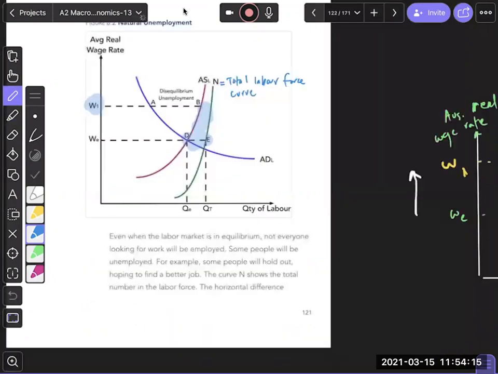So this gap is called the natural level of unemployment, which answers the question: will this unemployment ever be zero? And our answer is no. It will always be there because some people are always looking for work. So it's a natural unemployment. It will always stick around. Makes sense, guys? Any questions?